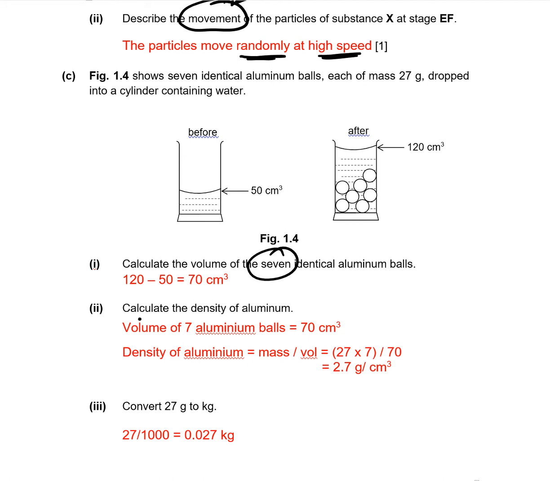Either you take the volume of 7 balls, which is 70, divide by the mass of 7 balls, because they said one mass is 27, right? So you times 7. Another way of doing it is you can take 27 and then you divide by the volume of 1 ball, which is 70 divided by 10. That's another way of doing it. You'll get the same answer. And the last one is a conversion question.